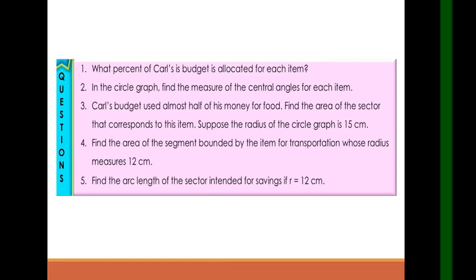And then, find the arc length of the sector intended for savings if r is equal to 12 centimeters. Pareho sila ng radius ng 4 and 5, maliban dun sa number 3. So let's answer all these 5 questions.